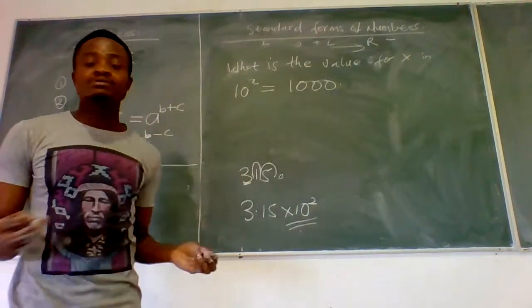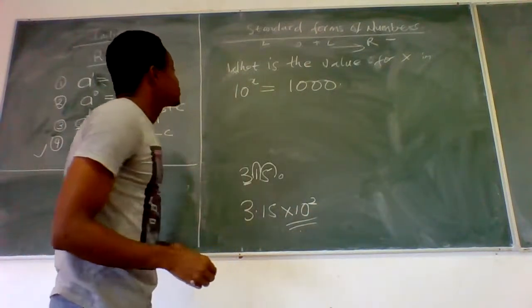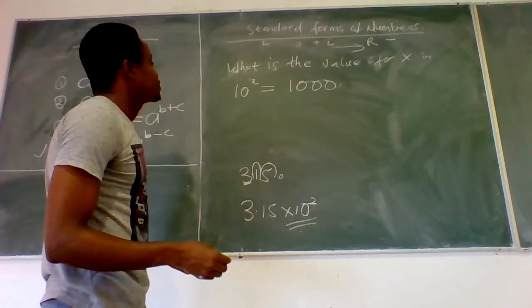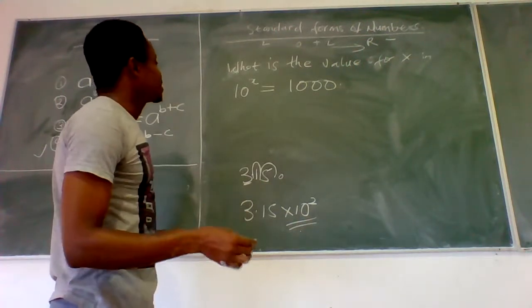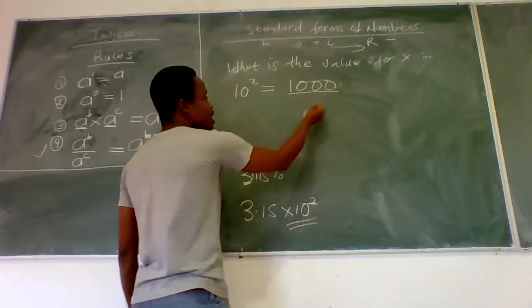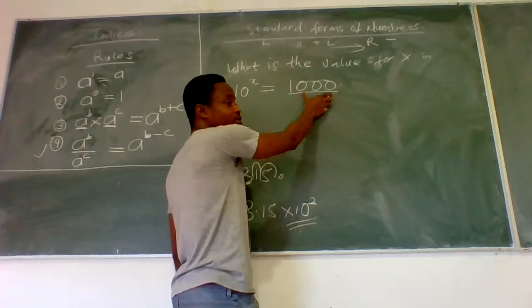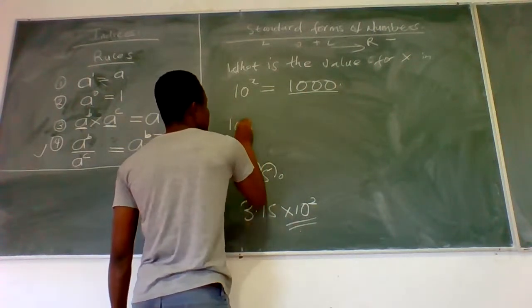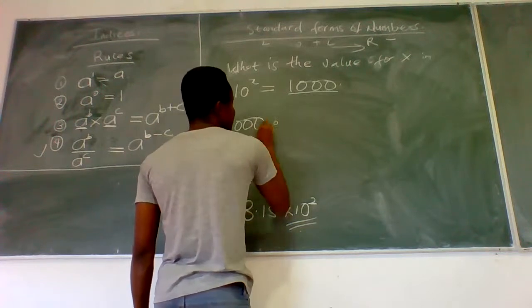So this one you just use indices or standard form notation. So first of all, you concentrate on this. How will you express this one in terms of standard form? So you have 1000, the same as 1000 dot 0.